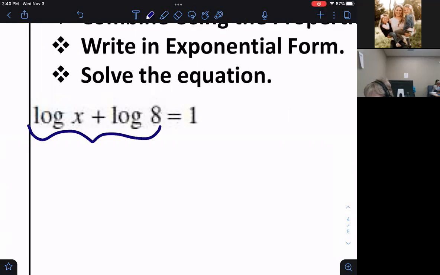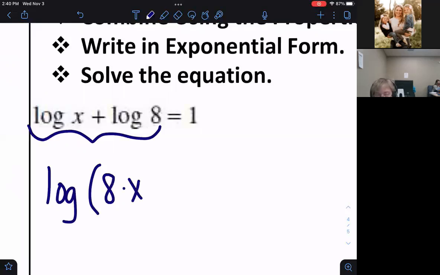So we're going to combine both of these using the product property. Just like that. So we're going to combine 8 times x. You can never rewrite in exponential form if you have more than one logarithm. So you've got to combine first.